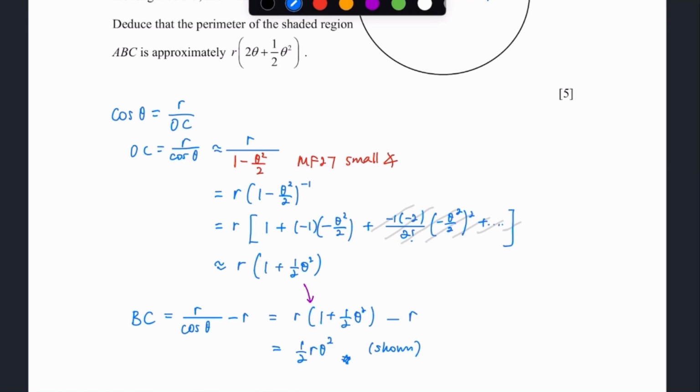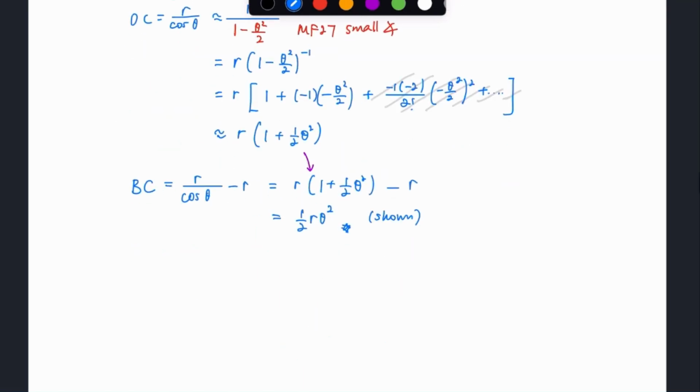Deduce the perimeter of the shaded region ABC is approximately equal to that. So what is the perimeter of the shaded area? Perimeter, we are looking for CB plus arc AB plus AC.